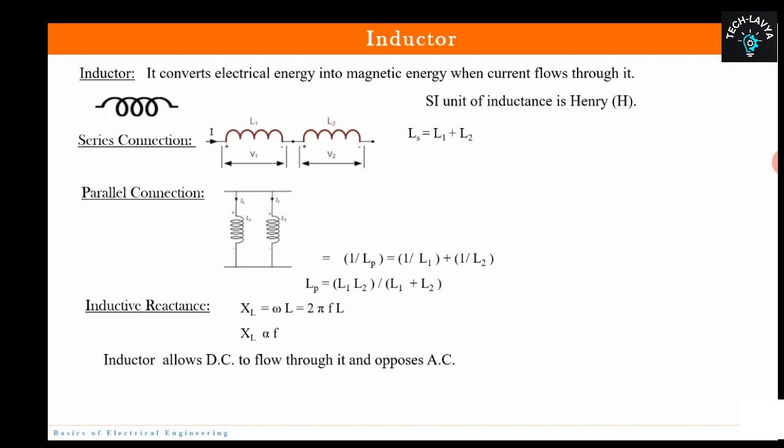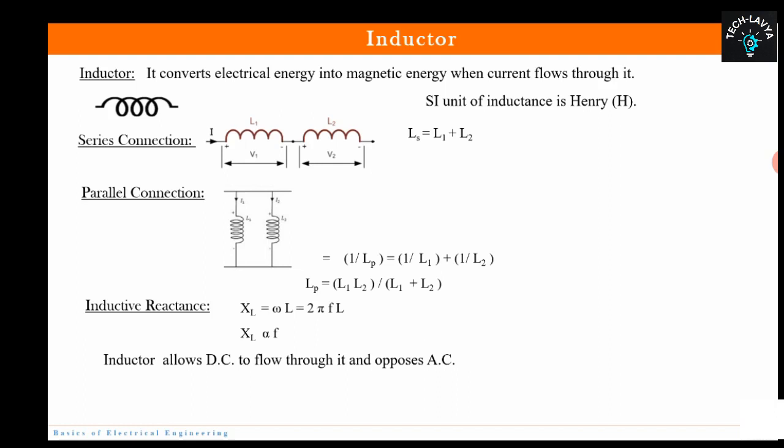Reactance is represented by letter X, and since it is inductive reactance we give a subscript L. So XL stands for inductive reactance. Inductive reactance is represented as omega L. Omega is the angular frequency in radians, which is given by 2 pi f. So finally, inductive reactance XL is equal to 2 pi fL.